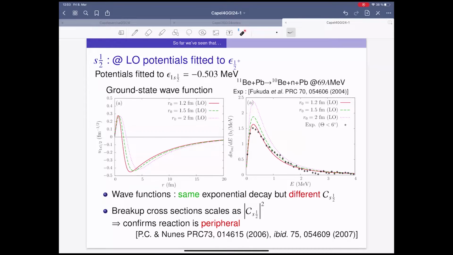So somehow you can infer an ANC by scaling your calculation to the data. You're scaling to the ANC, so you're sensitive to what's going on beyond 5 fermi. You're not sensitive to what's going on here. So this confirms in another way that the reaction is purely peripheral. You're not sensitive to the short-range part of the wave function because the ordering is exactly the ordering of the square of the ANC.